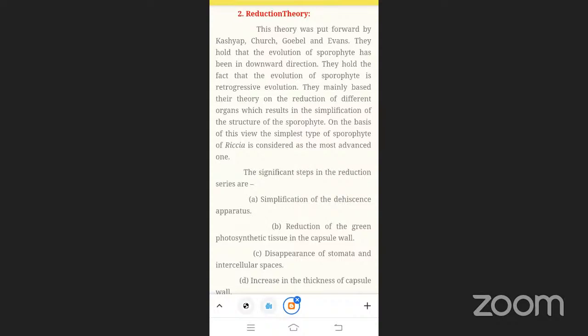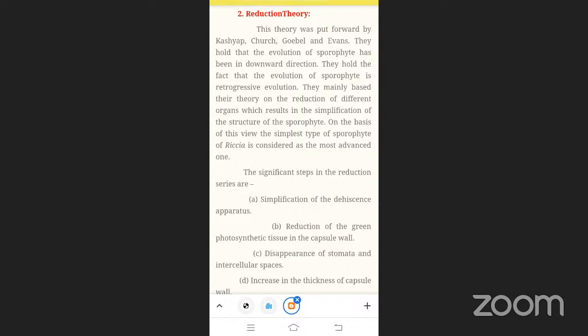Okay, clear. This is the evolution of sporophyte in bryophytes. Okay, Nandi. So what Bower says here is that complex structure is more advanced than simple structure. But in the reduction theory, Evans and Bower say the simple structure is more advanced than the complex structure.